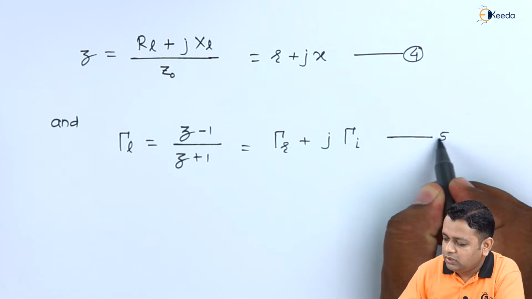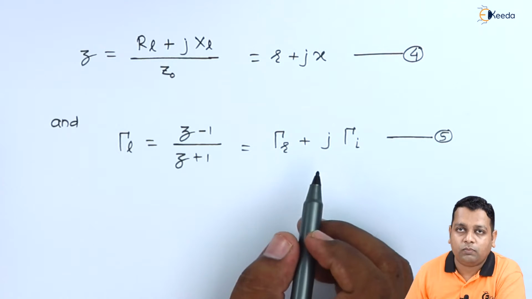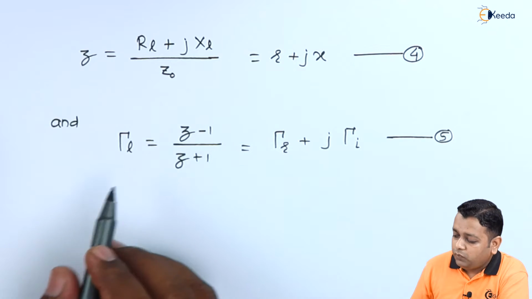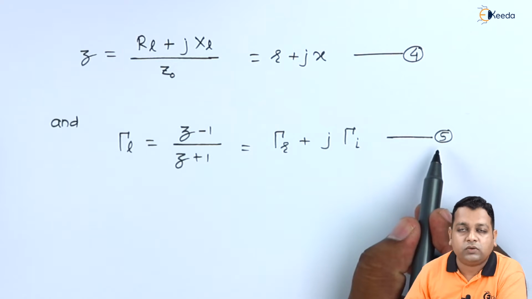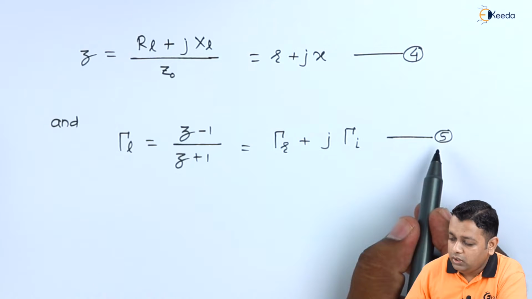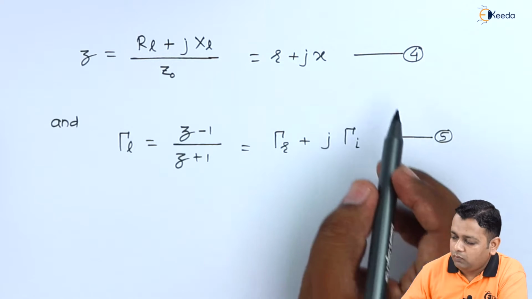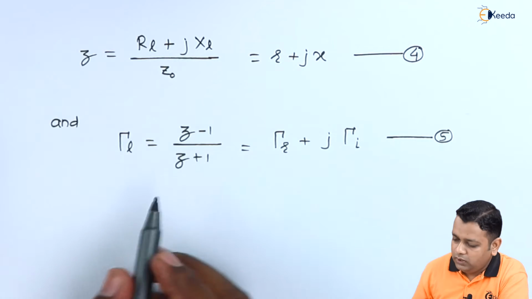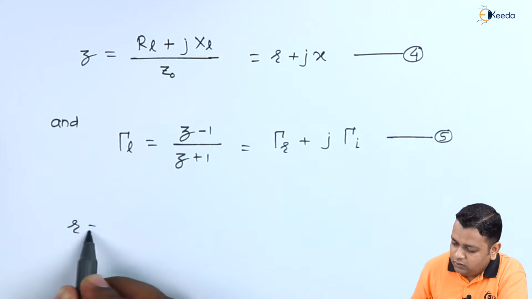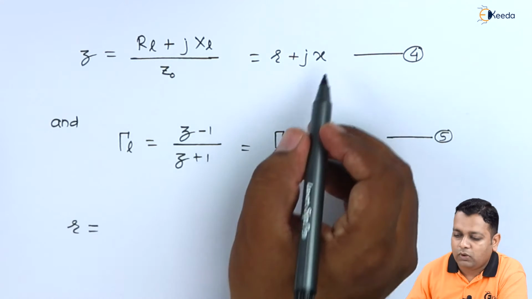Let us represent it by equation number 5. Now when we substitute equation number 5 into equation number 4, we obtain small r and small x.